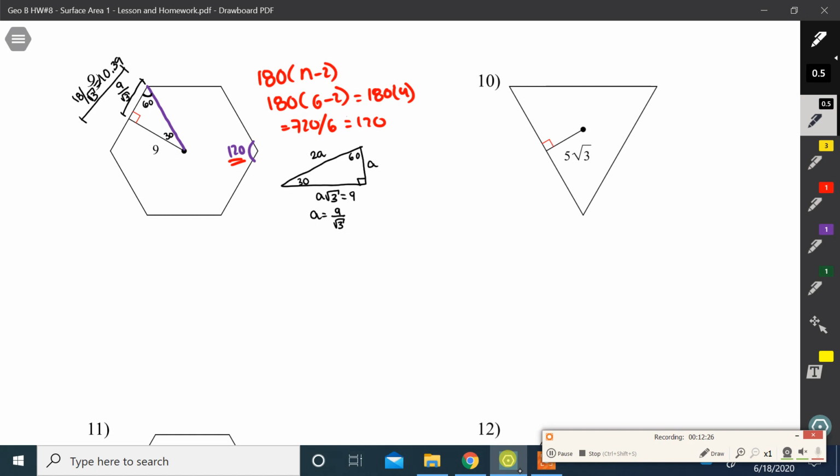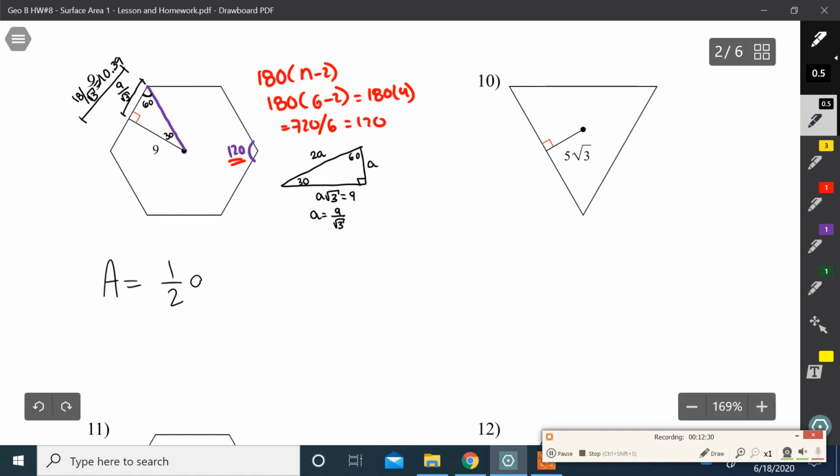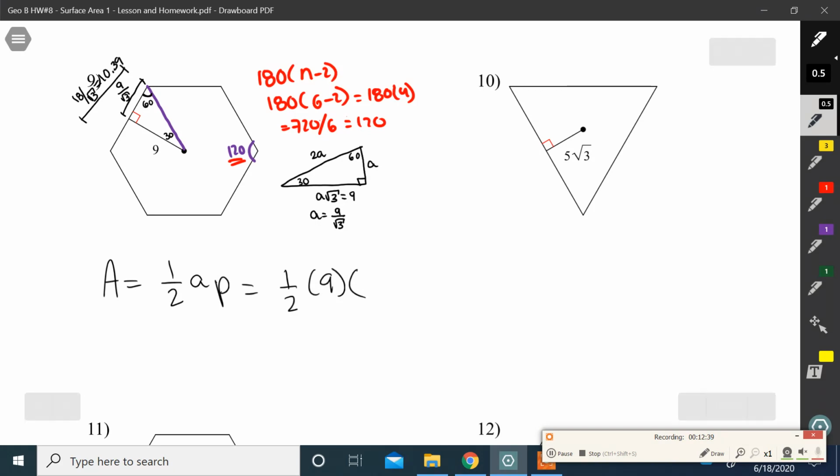The area is half of the bottom times the perimeter. The bottom is already given to us as a 9. And the perimeter, in this case, is going to be 10.39 times, how many sides do we have? We have 6 sides.